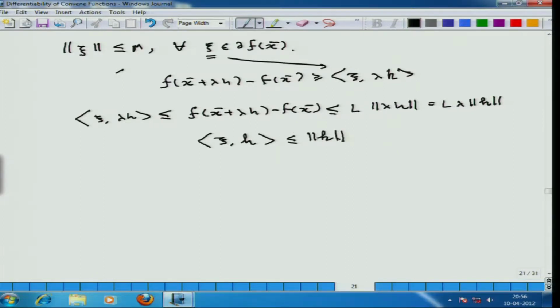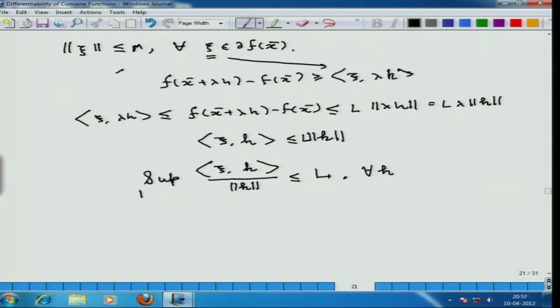Now, here comes the more mathematically oriented thing. I can write this as ξ(h) ≤ L‖h‖. Of course, if h is 0, this is anyway satisfied. When h is not equal to 0, I can divide by the norm of h. Because this is true for all h, I can take h, repeat the argument, take another h, repeat the argument.